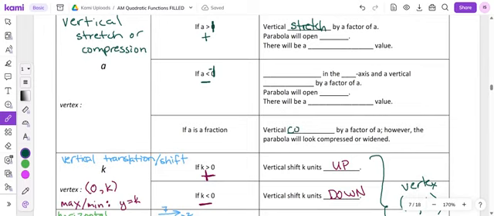We get a vertical compression when A is between -1 and 1. So if A is a fraction or a decimal, it means we have a vertical compression. The other two are both stretches.